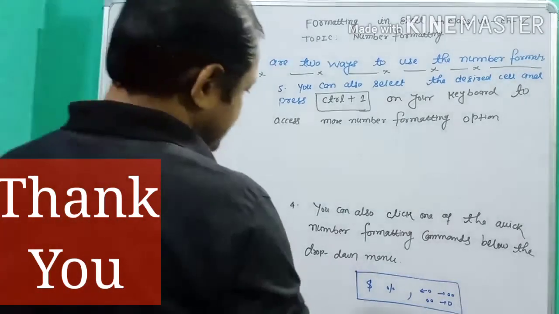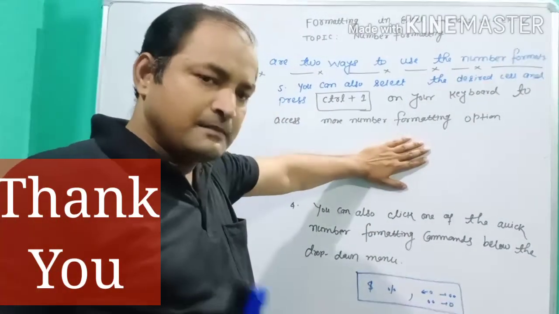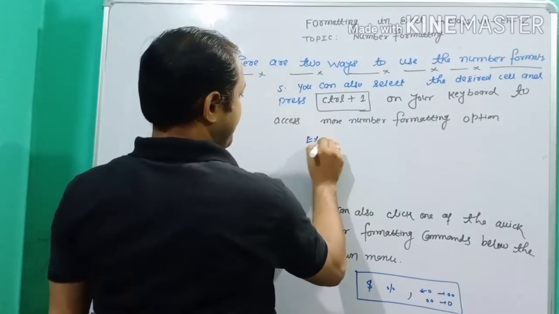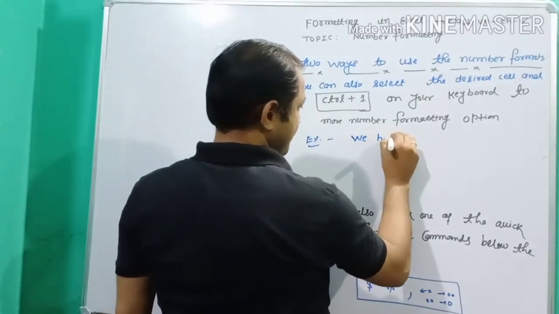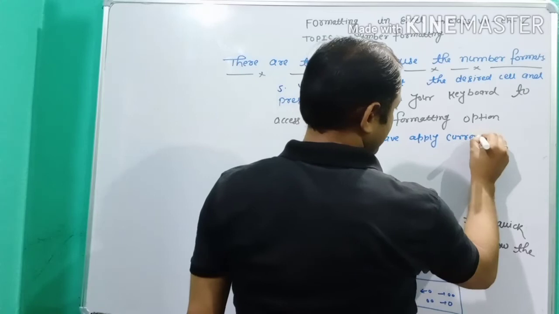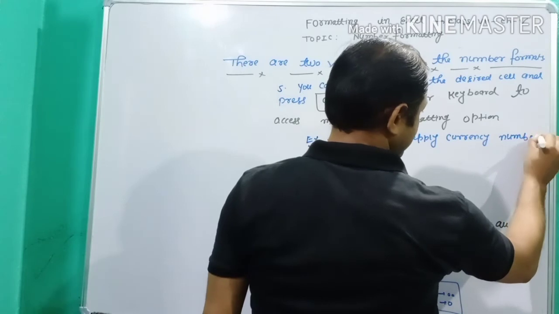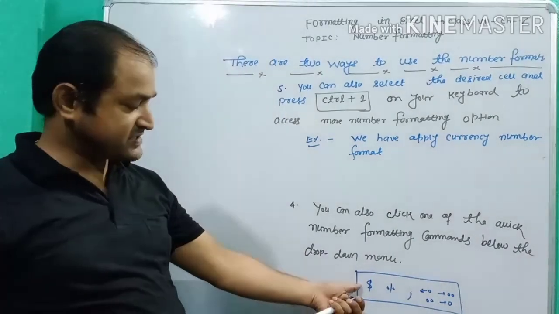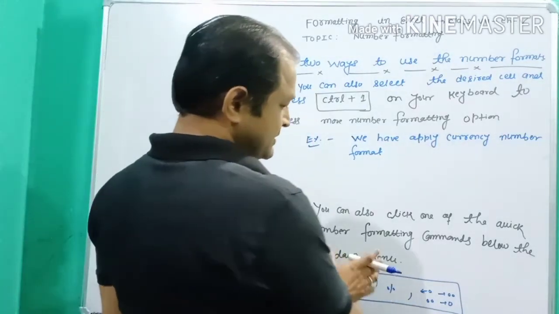My dear students, I will give an example. Suppose we have applied the currency number format. This is the currency option, and it is one click.